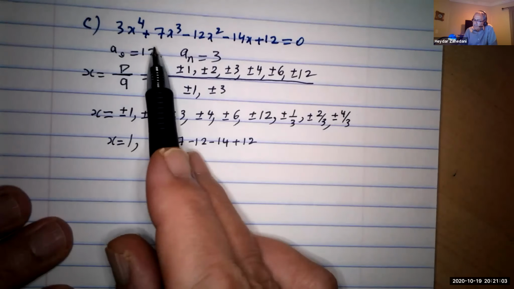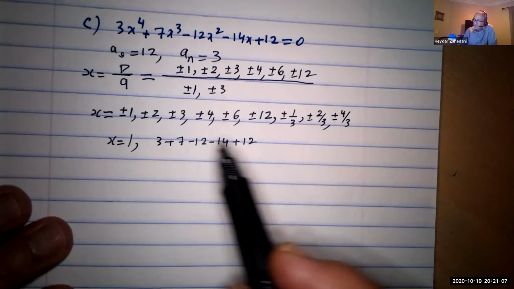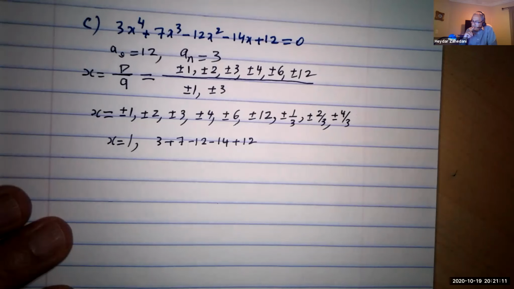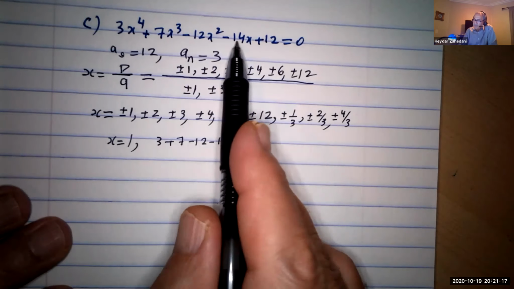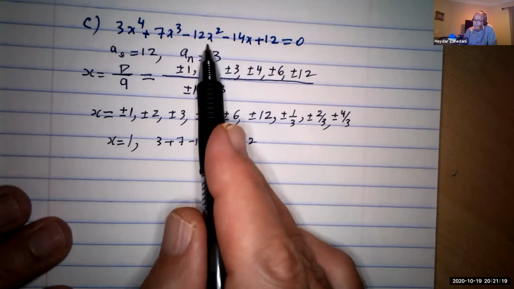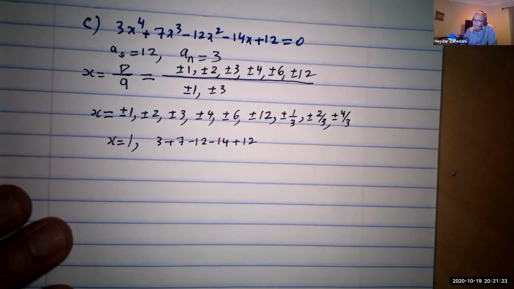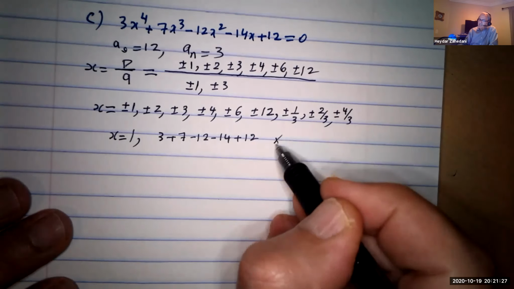That is 20, 26? 26 is not zero. So 1 is not a solution.